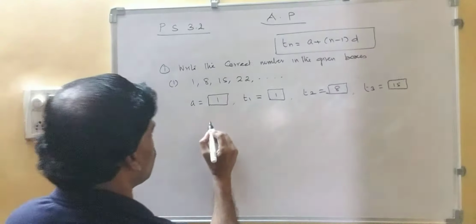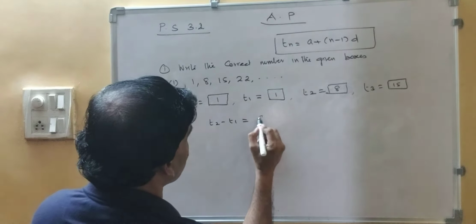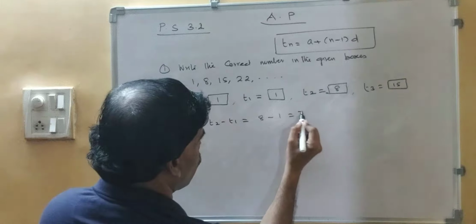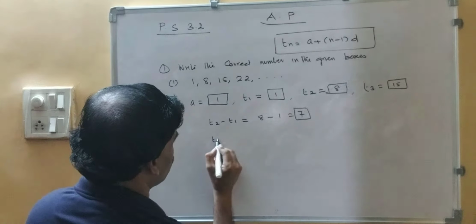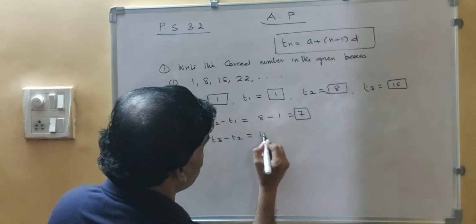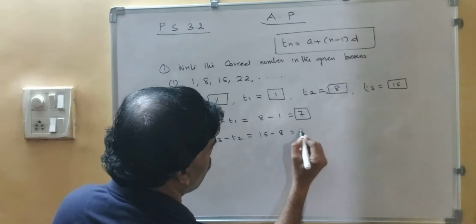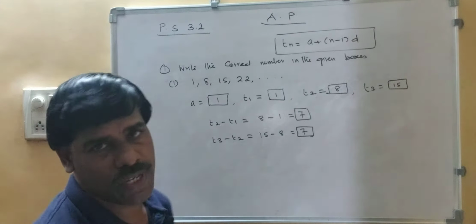And now what is T2 minus T1? That means the common difference. 8 minus 1 is equal to 7. Now what is T3 minus T2? 15 minus 8 equal to 7. So, this is the first sum.